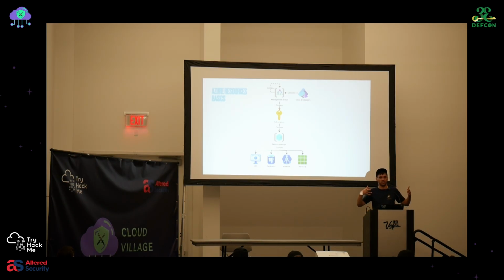Subscriptions are the logical container for all of our resources, and they are meant to act as a security boundary. On top of that, we have this weird thing called management groups sitting on top of subscriptions. These can be nested, but at the very, very top, there's always going to be one root management group.